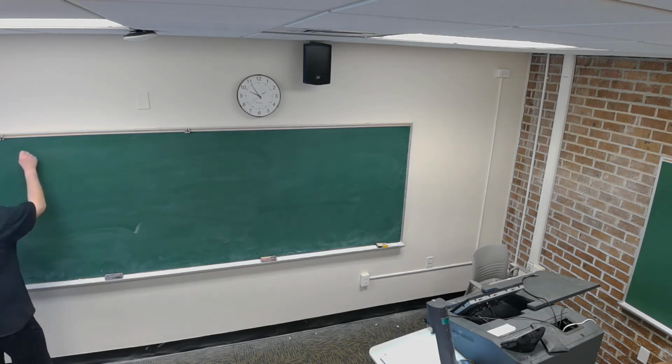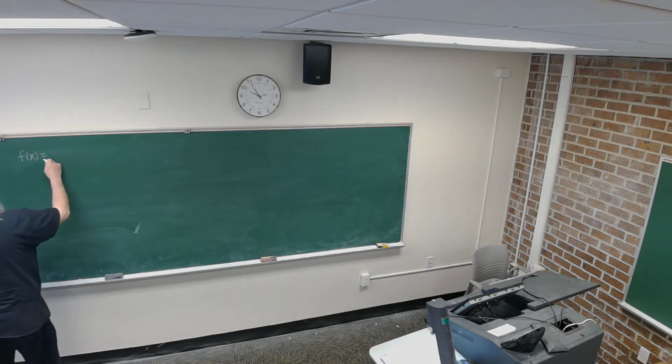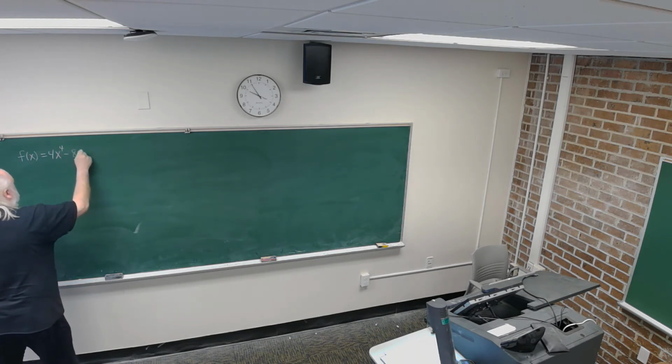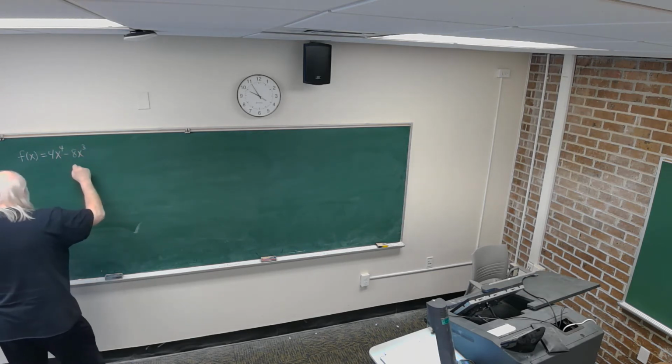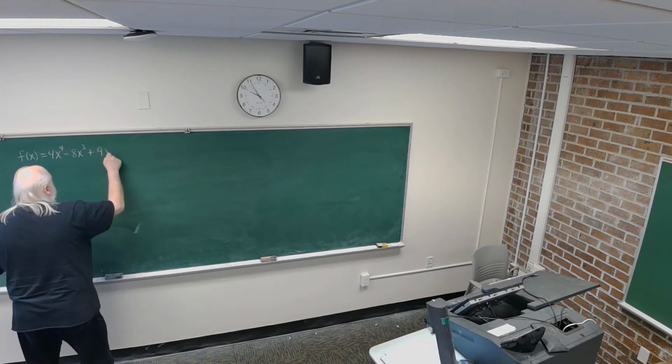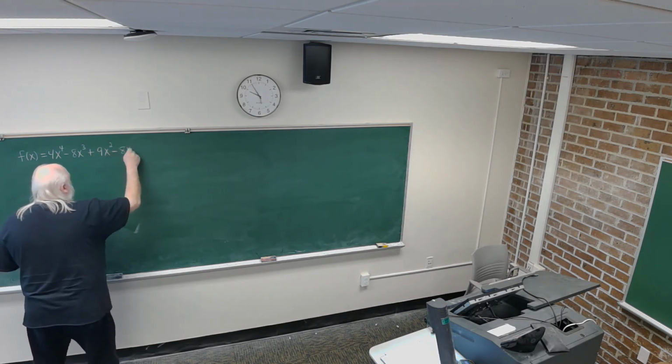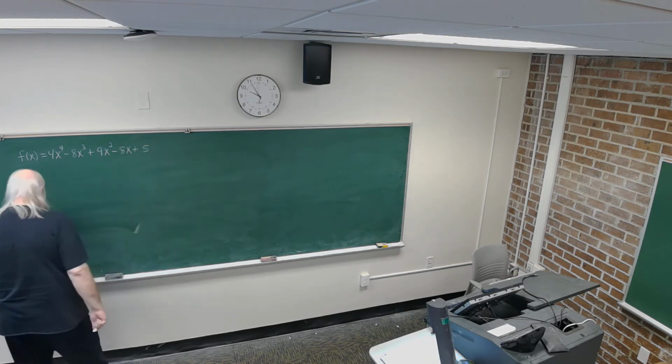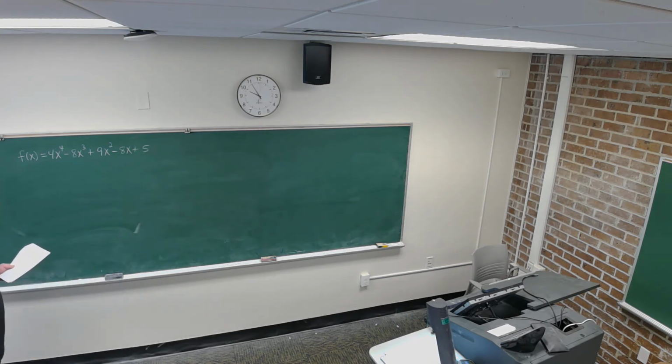So we have f of x is equal to 4x to the fourth minus 8x cubed plus 9x squared minus 8x plus 5. And we have to verify that x equals minus i is a 0.